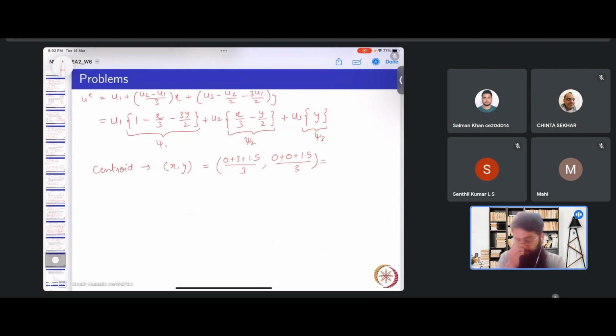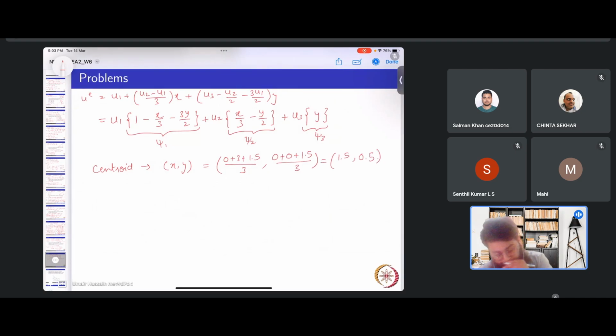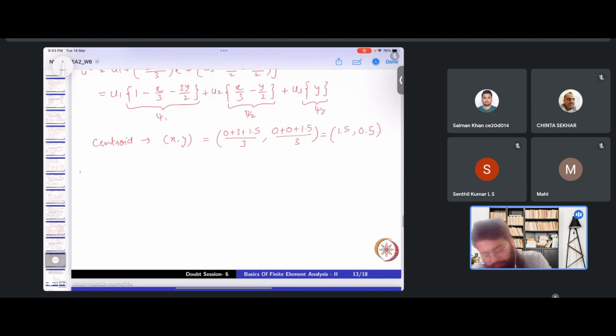So we have 4.5 divided by 3, which is 1.5, and for y, 1.5 by 3 is 0.5. So the value of psi 1 at 1.5, 0.5 is 1 minus 1.5 by 3 minus 3 into 0.5 by 2.